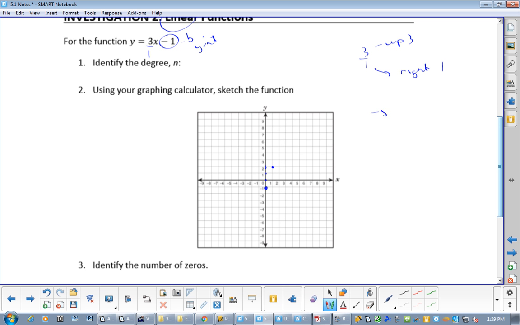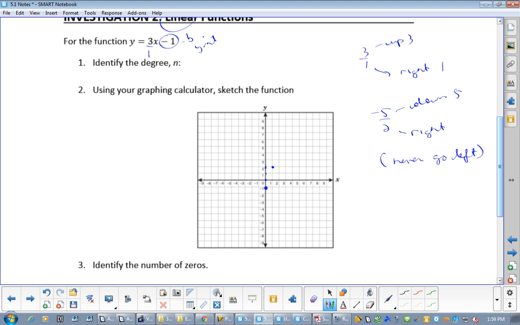If it was negative 5 over 2, you go down 5, right 2. You never go left, okay? So you use your negative or positive to decide if you're going to go up or down, and then go right. Does that make sense? Okay?